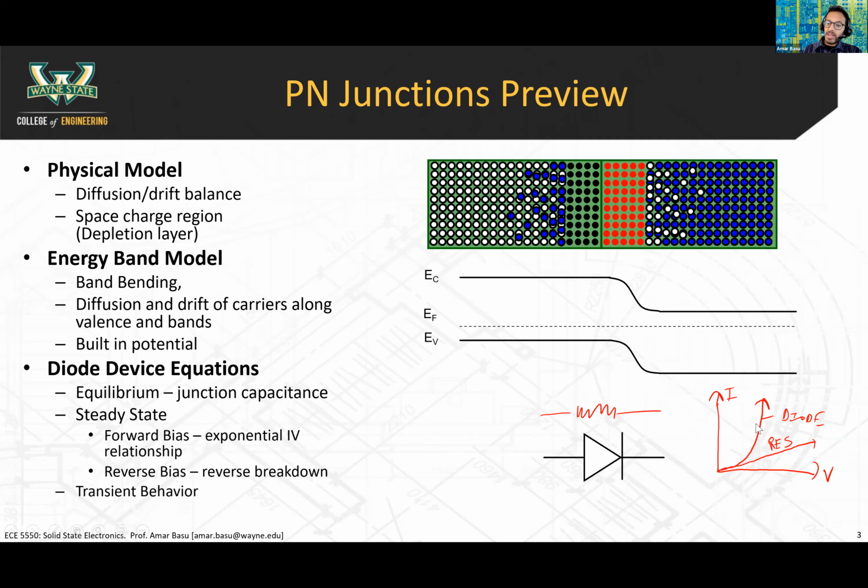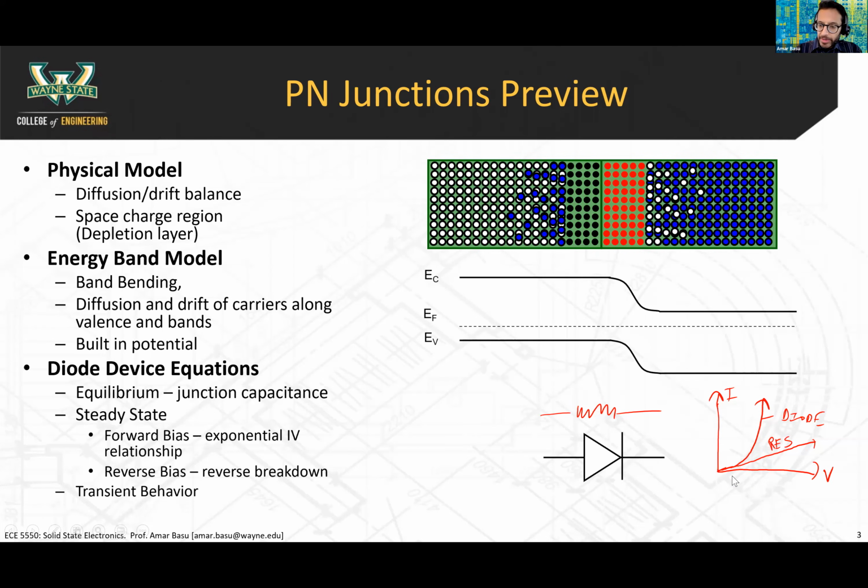Diodes, because they have this exponential IV characteristic, it turns out that exponential characteristic is really useful for mixers in RF communication circuits, because the frequencies end up multiplying, and you get a lot of very interesting effects that happen with the diode. So this characteristic is very important for radios, wireless radios.